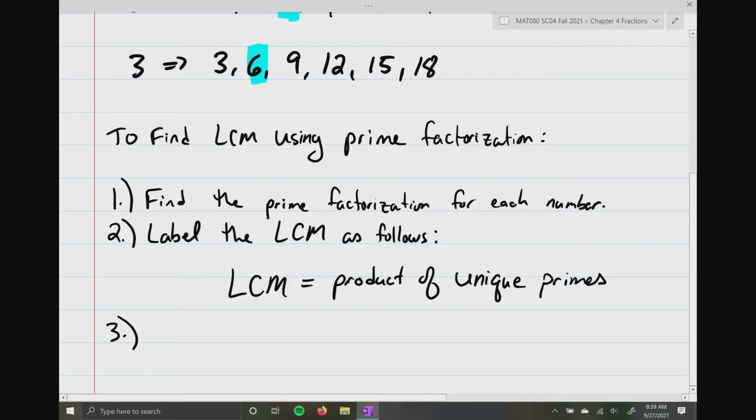So your LCM is going to equal the product of unique primes. Now, in order for us to understand this, I need to ask these questions. First, what does product mean? Multiplication. Good. Unique primes. What's that mean?